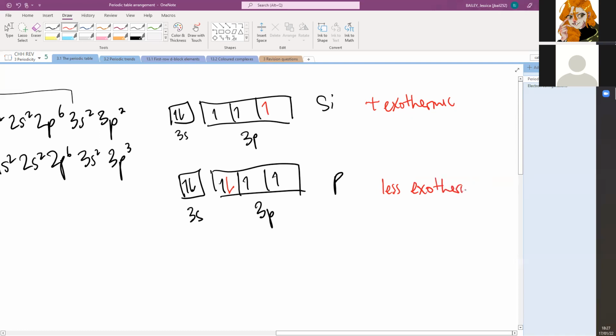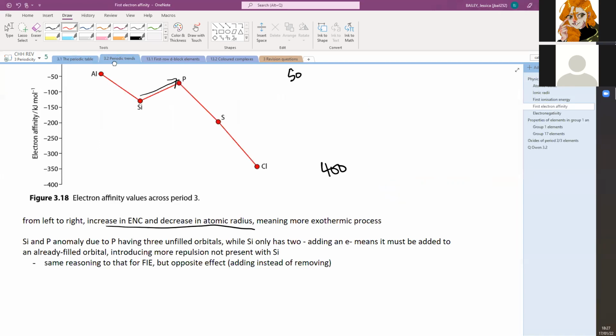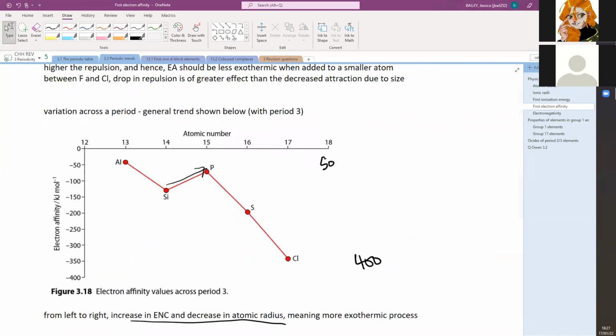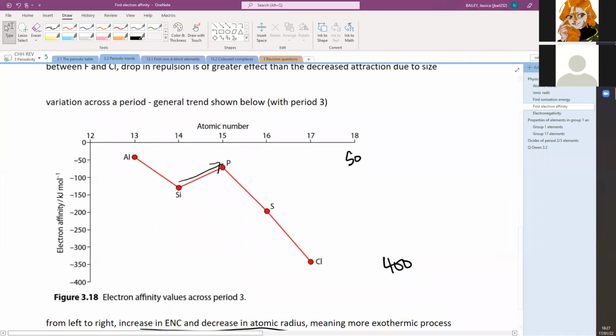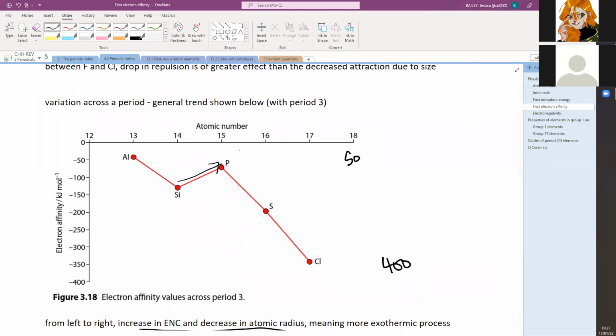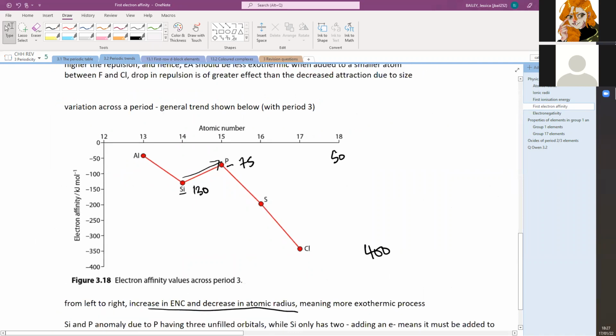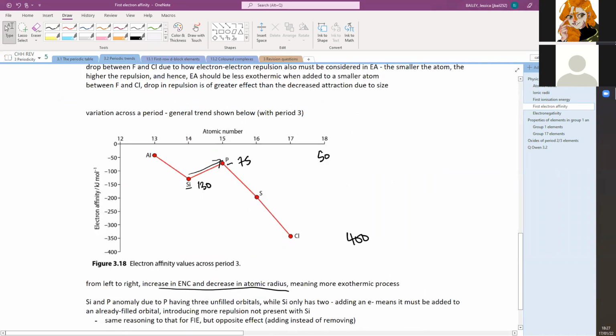That doesn't mean that it isn't exothermic, it's just less exothermic. And so if we look back at our graph here, you can see phosphorus has a value of around 75 and silicon has a value of around 130. So it's less exothermic than silicon is. So that's just explaining that little variation in the trend there.